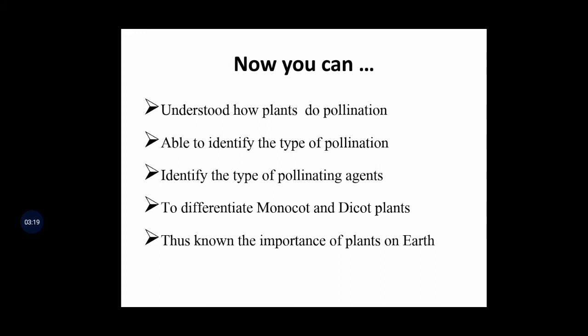So now you can understand how plants do pollination, and you are also able to identify under which kind of pollination the plants have grown up, and also identify the type of pollinating agents, and you may differentiate the monocot and the dicot plants from the seeds.